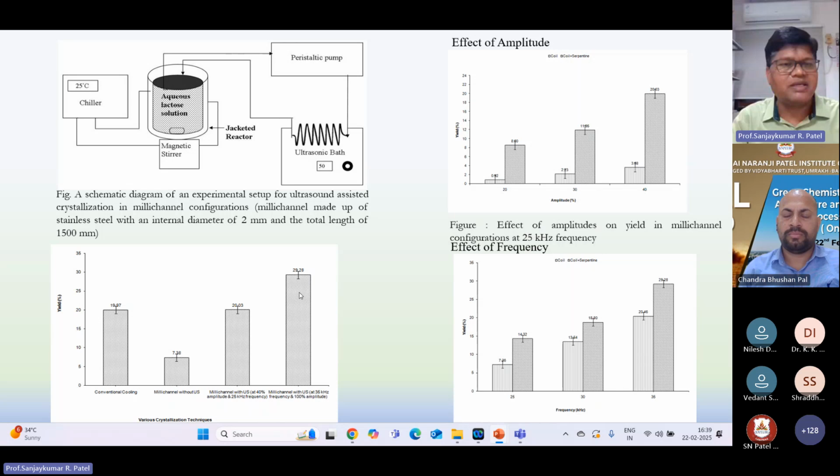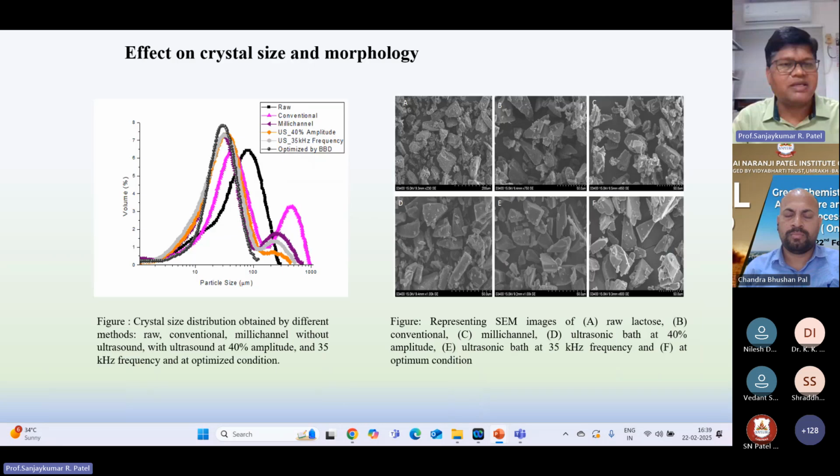So this is how we tailor the cooling crystallization process for the recovery of lactose. And we can confirm it through the size distribution also. In comparison to the raw or conventional lactose obtained through conventional crystallization, you can see this pink distribution is obtained through the conventional cooling crystallization.